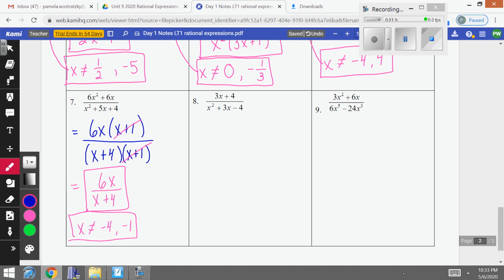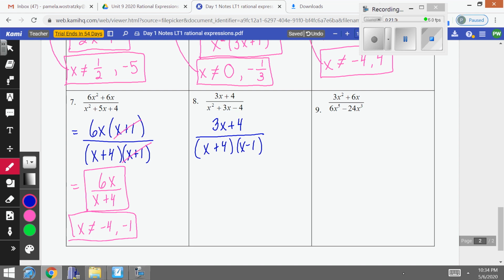All right, looking at this one, is there anything I can do to factor that numerator 3x plus 4? Nope, no GCF, no x squareds or anything, so nothing I could do there. So in this denominator, I'm going to factor it as x plus 4 and x minus 1 here. All right, what can reduce? Can I cancel the x plus 4's right here?